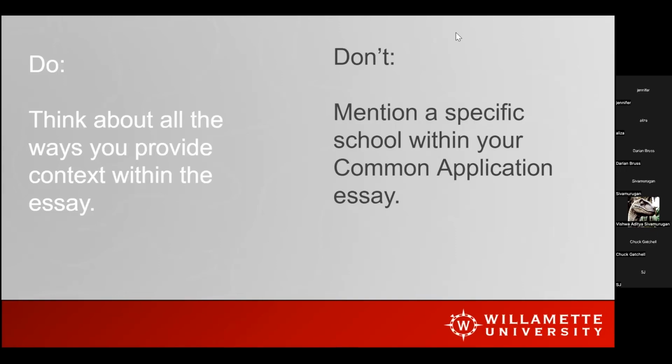What's wonderful about the Common App is if a place comes on your radar screen that you hadn't thought you were interested in, you've already completed the Common App, so you can send it off quickly and easily to that additional institution. But if you've already written an essay specific to just one institution, then it kind of compromises. It doesn't mean that you won't be admitted to that other place. It just is a little bit of a faux pas. So don't do that.